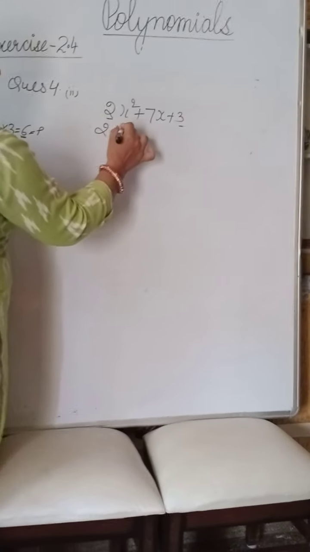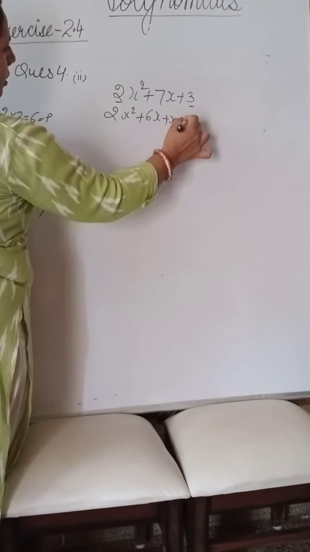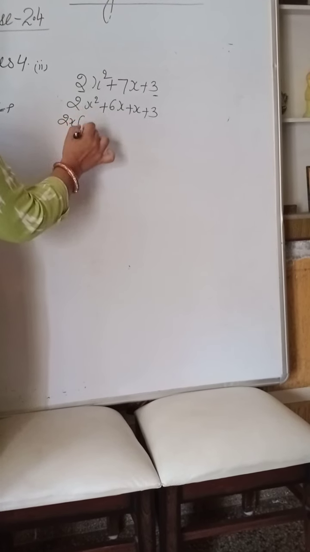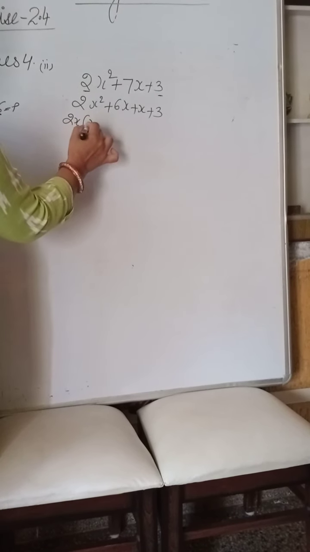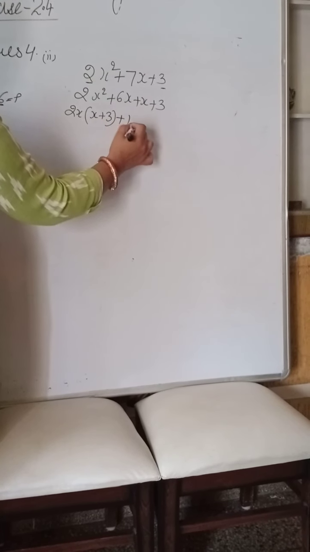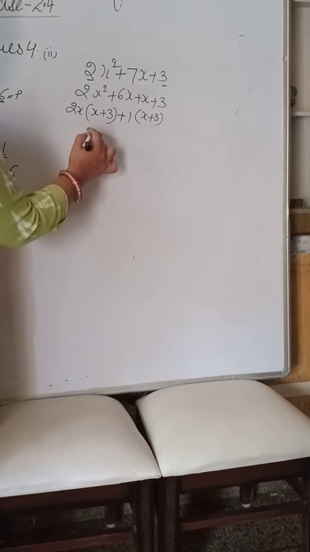So I am taking 6 and 1. What can I write in place of 7x? 6x plus x plus 3. Take 2x common. What is left? x plus 3. And the same term is here, so I will take this plus 1, x plus 3.